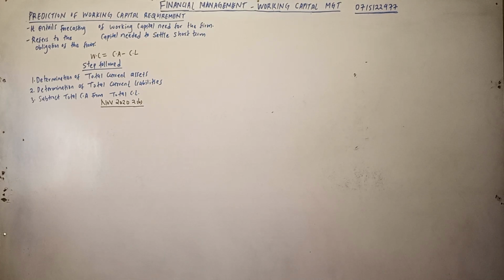Additional information: number 1, on average, accounts receivable take 2.5 months to be paid. Number 2, raw material is in inventory for 3 months. Work in progress represents 2 months, worth half of produced goods.